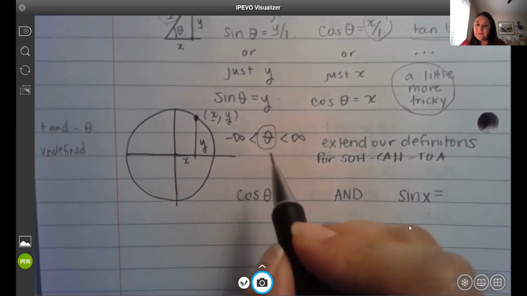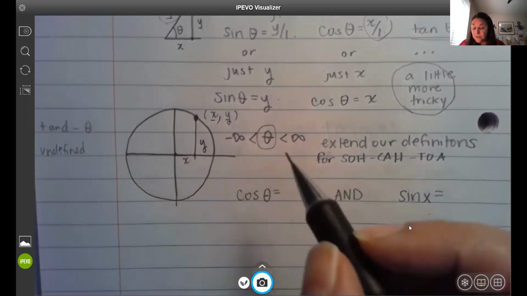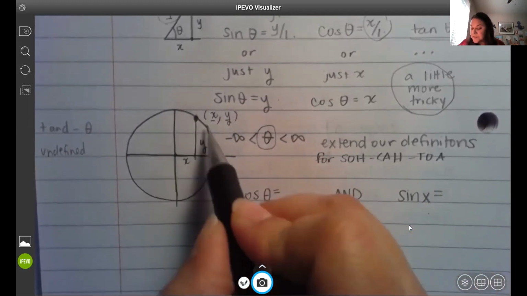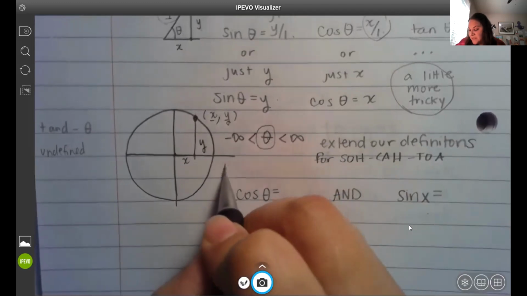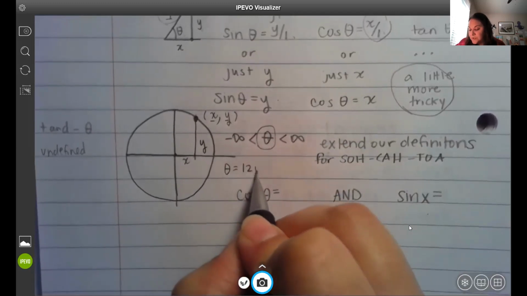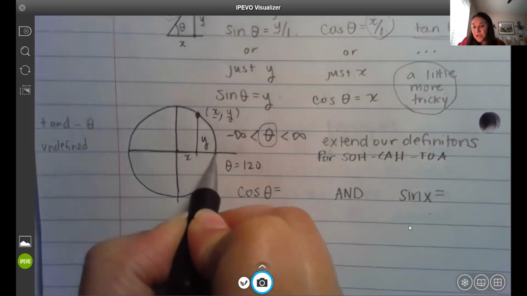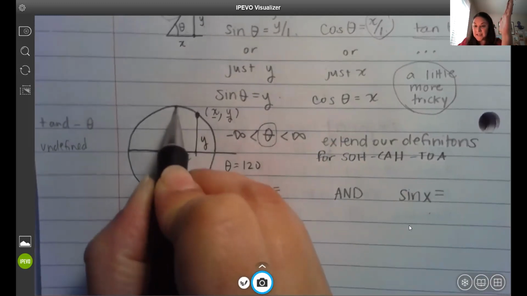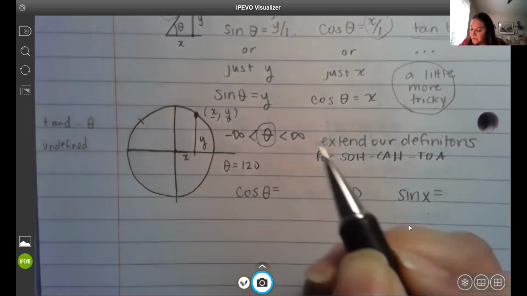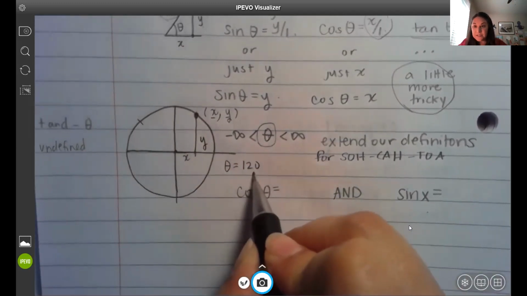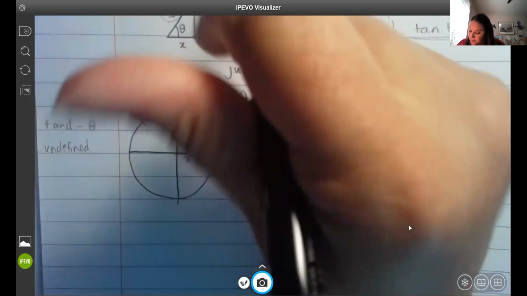So if theta were 0 to 90, it would be a right triangle in this zone. But if I said that theta were equal to 120, it would be me starting here, that's your terminal side, going past the 90-degree angle, and then going 30 more degrees, right? So that's where the apostrophe was right there.